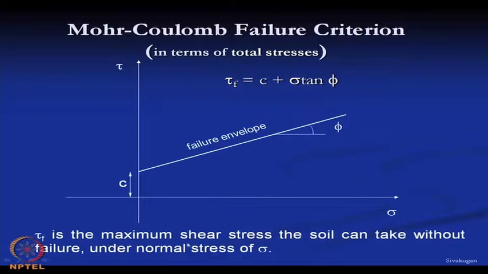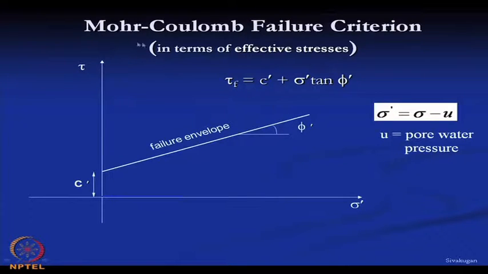So, tau f is the maximum shear stress the soil can take without any failure under normal stress sigma. Now, we can write the same expression in terms of effective stress.